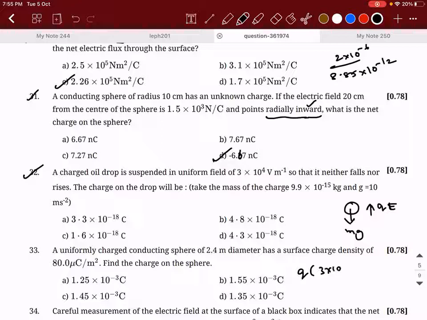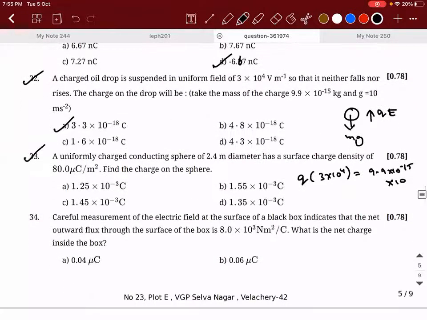Electric field is 3 into 10 power 4, and the mass of the object is 9.9 into 10 power minus 15, with g as 10. So it should be 3.3 into 10 power minus 18. How many of you got this? Yes, sir. 3.3 into 10 power minus 18.